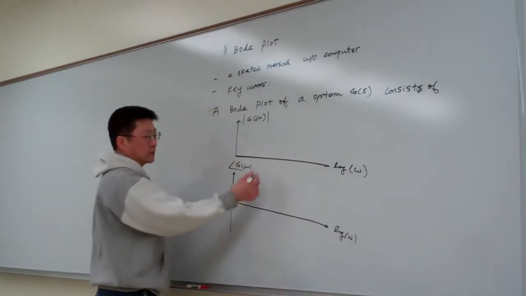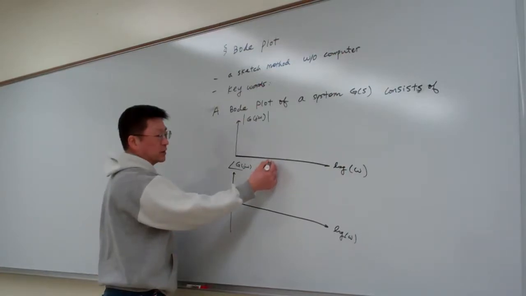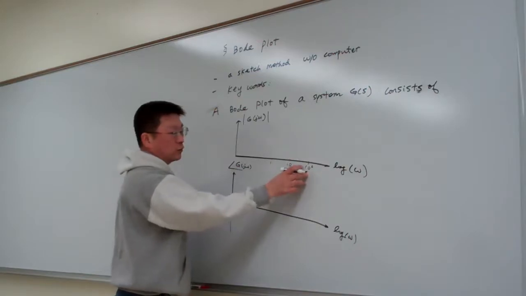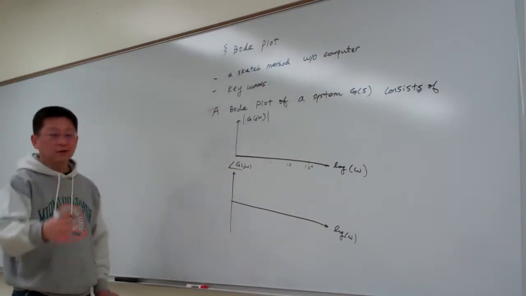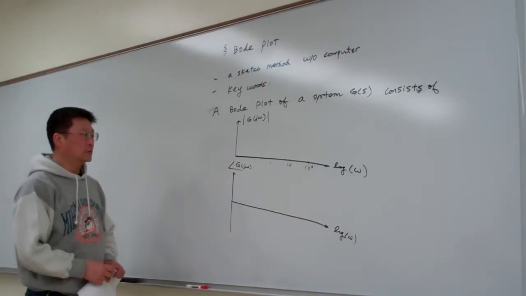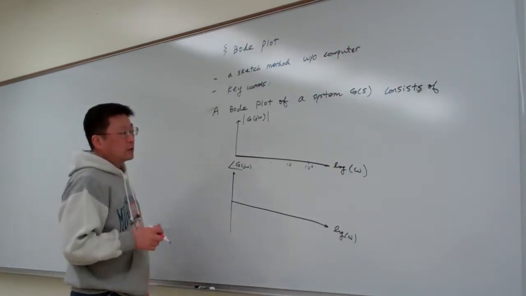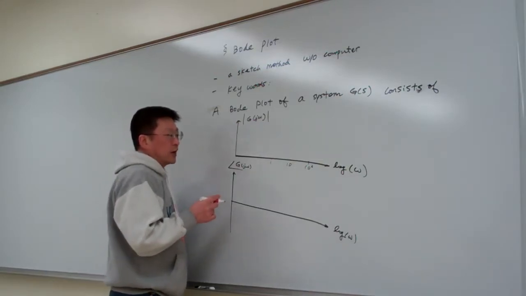Okay, so for example, in terms of log scale, say this is 1 and this is 10. This is 10 to the square. They are basically equally spaced in terms of the order of magnitude. For example, like this. Okay, and usually the curve will be like this.